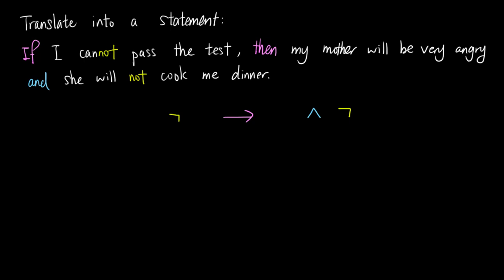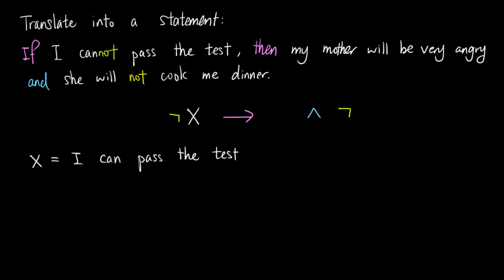Now, we just have to define the keys for the smaller statements. The condition is, I cannot pass the test. Here, we want to make sure that the component statements that we write down are positive or affirmative. So instead of writing X as, I cannot pass the test, I write, I can pass the test, and then negate it. Next we have, my mother will be very angry.